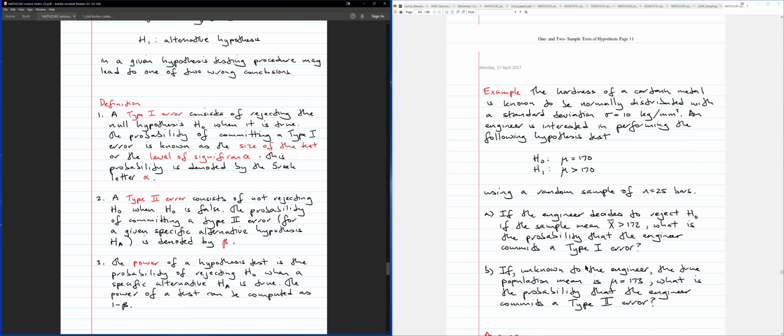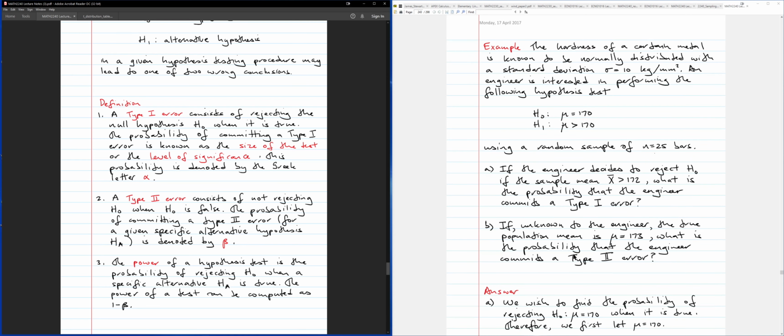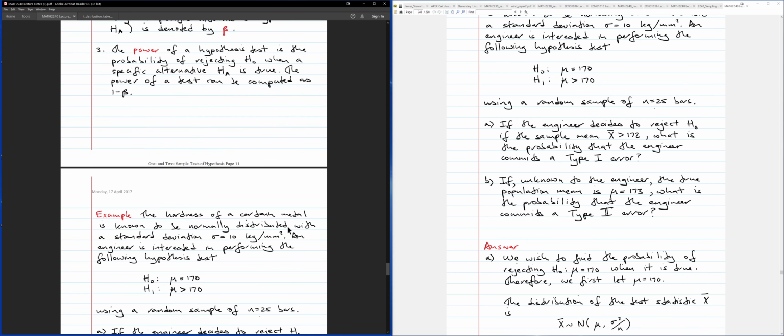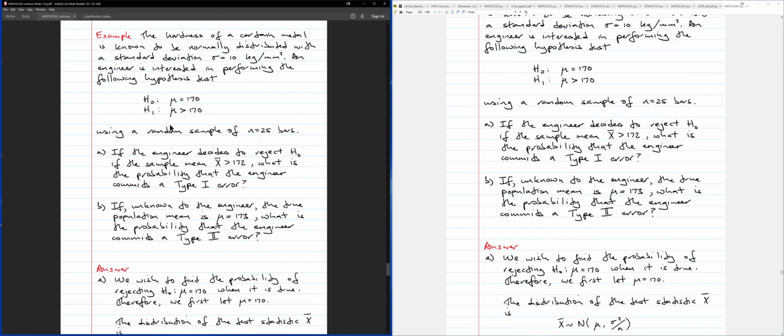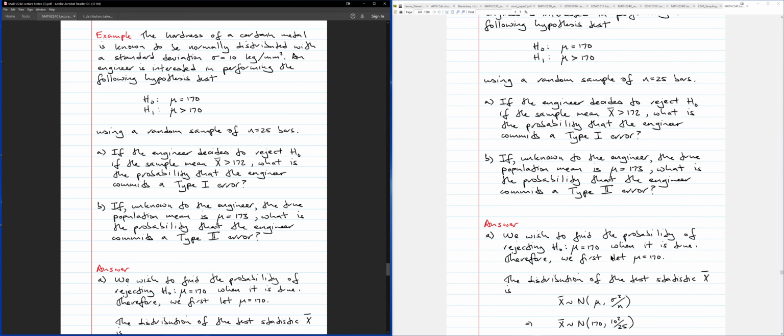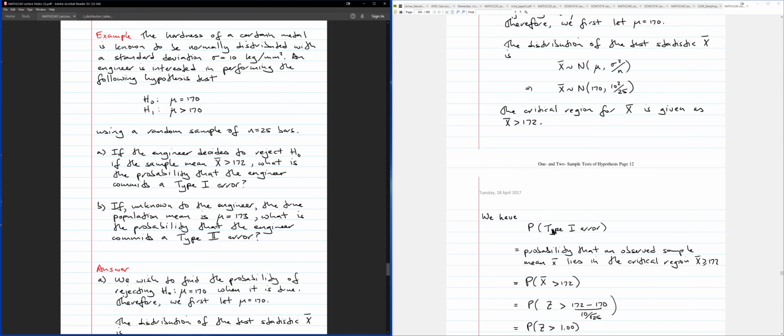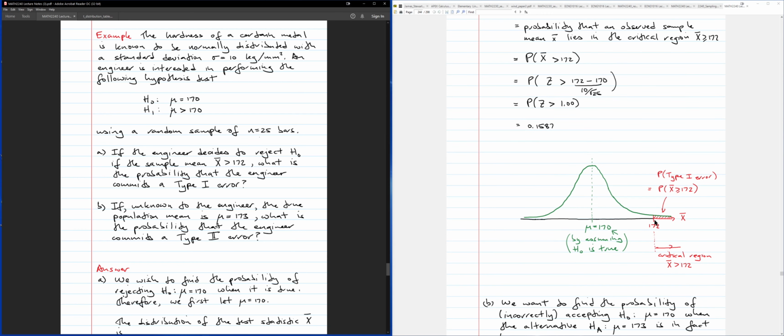Recall that the probability of committing a type 1 error is the probability of rejecting H0 when it's actually true. So when do you reject H0? You reject H0 when the X bar is bigger than or equal to 172, so we need to work with the big X bar.